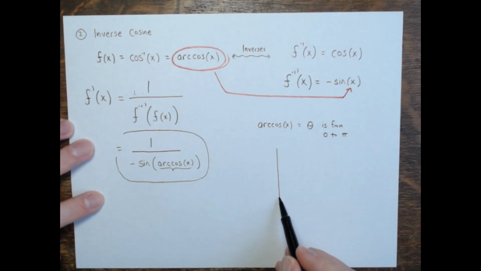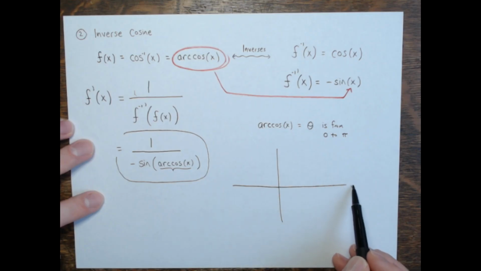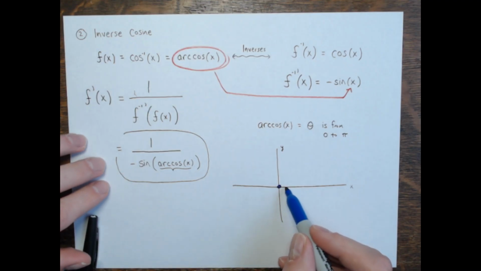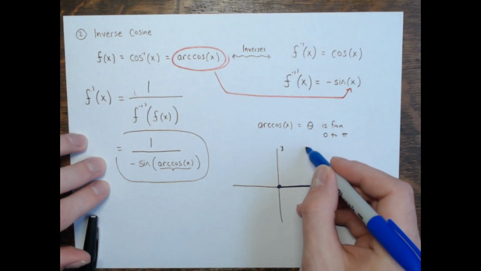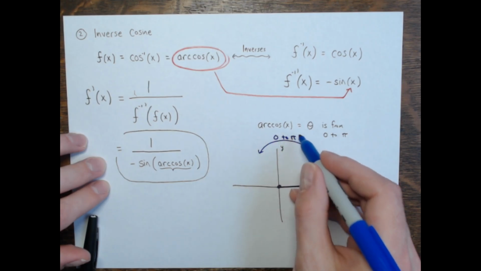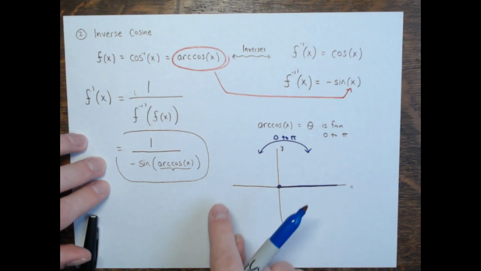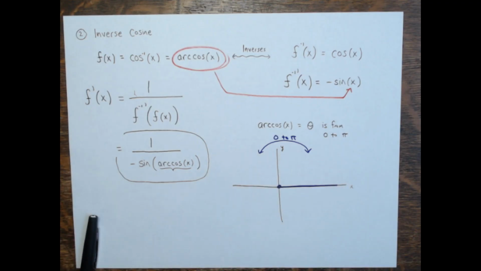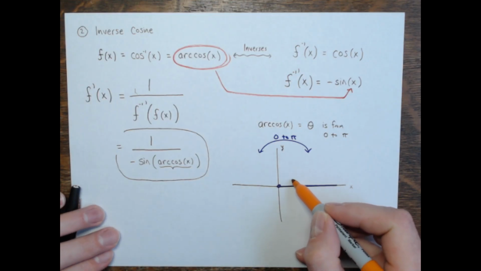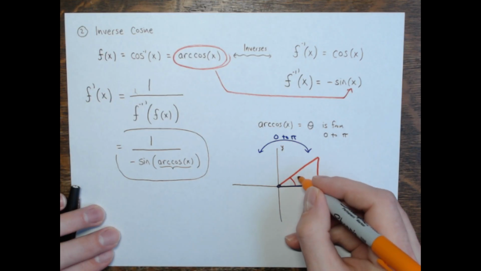So if I were to draw some angle measures here on the xy plane in standard position starting from the origin, again 0 to pi means the top half of the plane. 0 radians, you're on the positive x-axis, and then pi radians, you're over here on the negative x-axis, so top half. So I'll break it up into two parts. What if the angle ended in quadrant 1, so between 0 and pi over 2, so say this was theta.